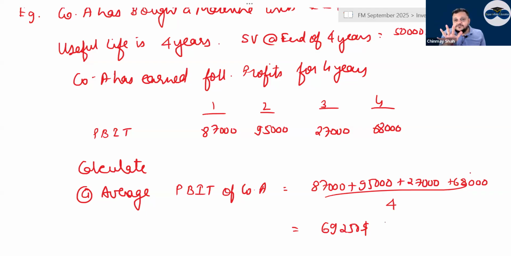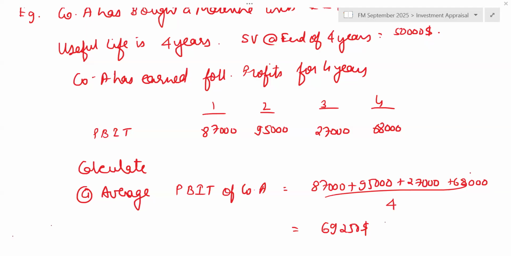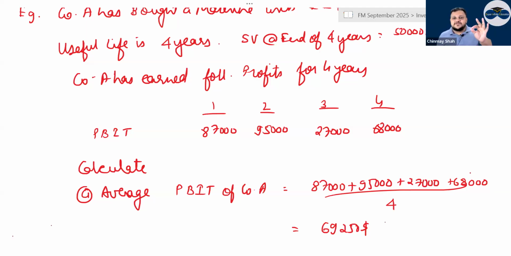Every year, on an average, how much profit am I able to generate from that machine? 69,250. If I divide that 69,250 with the investment, so investment that I've done is how much? 500,000.